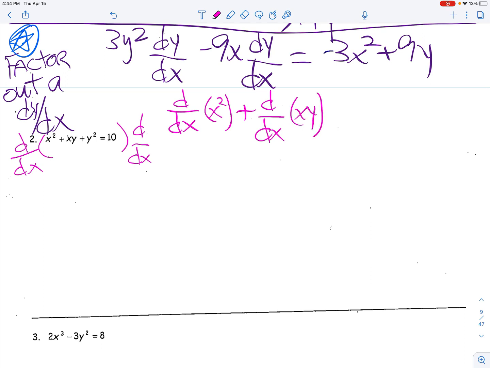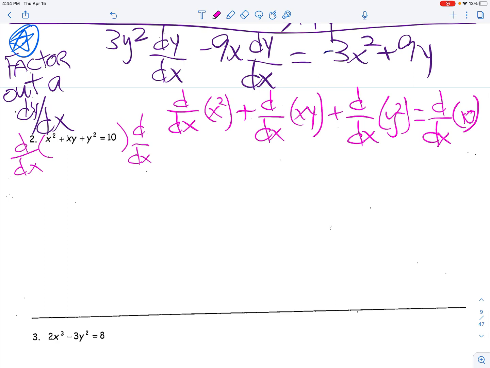All right, so we're going to do d dx of x squared plus now d dx of xy plus d dx of y squared equals d dx of 10.